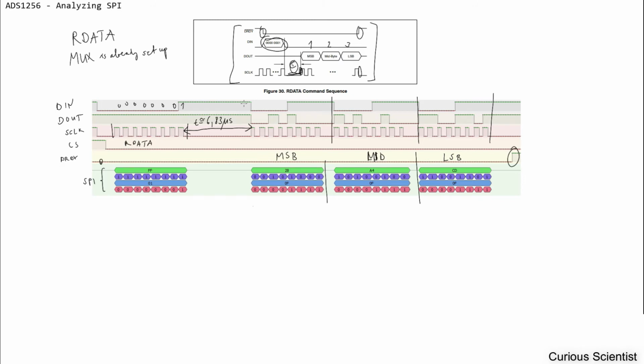What we see here on the D in, we just push in dummy data again just to do something. So we don't care about the D in now, because we already sent our command, and that's the only thing which is required on this command sequence.